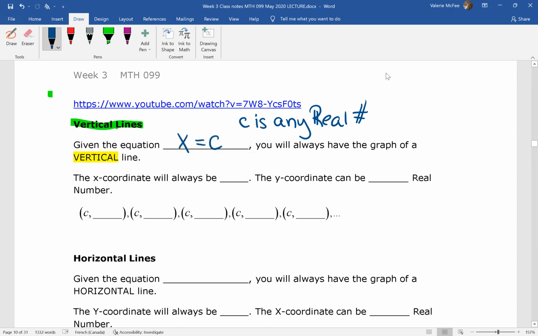So every time we see that equation, x equals c, the x coordinate will always be c, whatever that number is, that will give us x. And remember that y can be any real number.